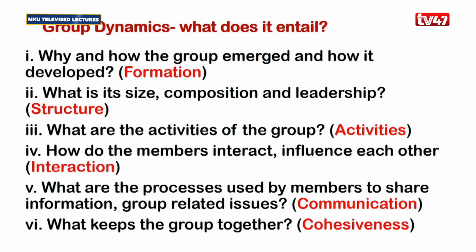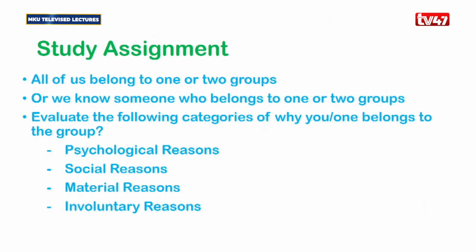What does the group do? What are the activities that preoccupy the members? How do the members interact, influence each other? That's interaction. Then what are the processes used by the members to share information and group-related issues? Communication is critical in a group. And what keeps the group together? So the red words, pull them out as keywords that you can use to define what group dynamics is.